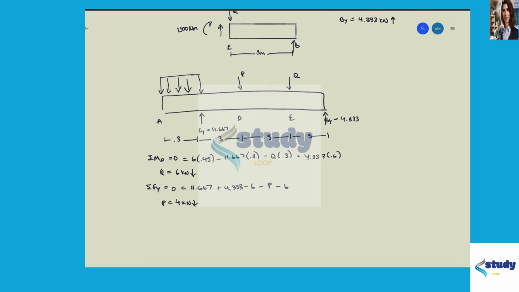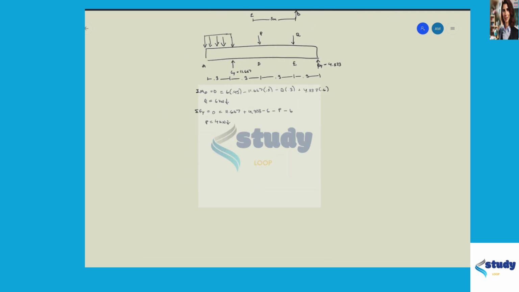So now we're going to sketch our shear force diagram and our moment diagram. I'm just going to copy this.